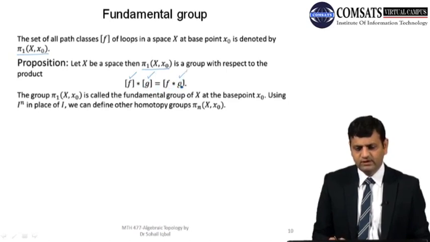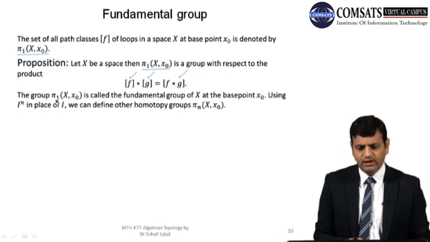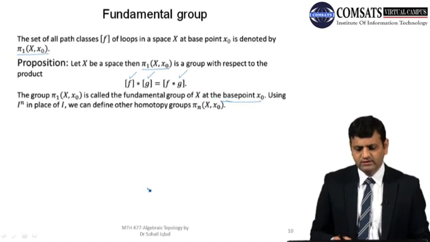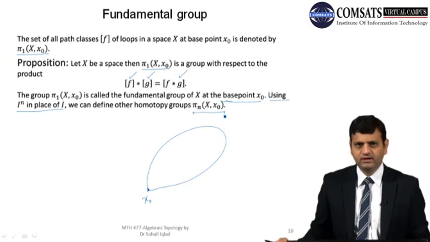We already know what f star g is; basically we are combining these two paths. The group pi 1 of X, x naught is called the fundamental group of X at base point x naught. So basically we are studying all the loops at point x naught. Using other spaces in place of I, we can define other homotopy groups, which is not the topic of discussion at the moment.